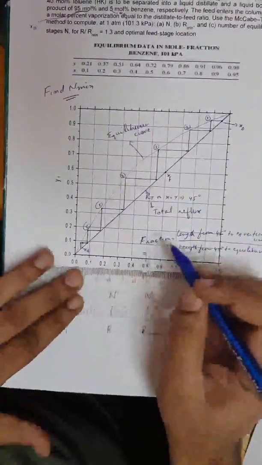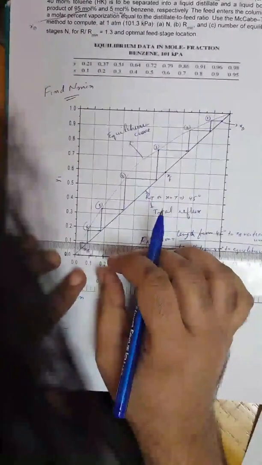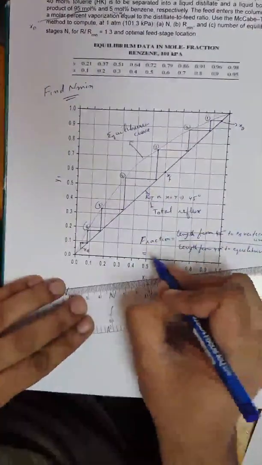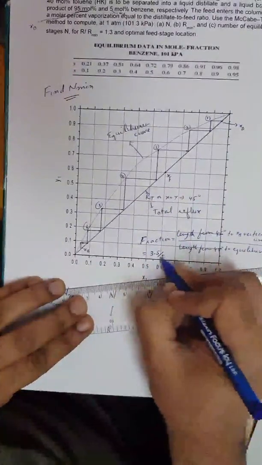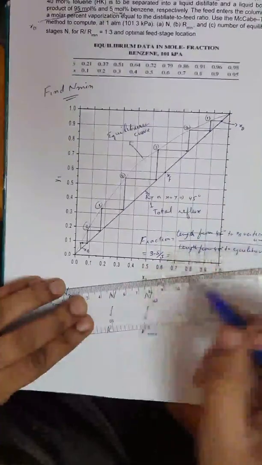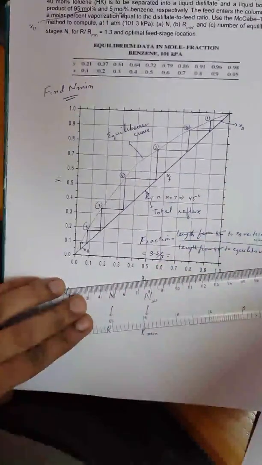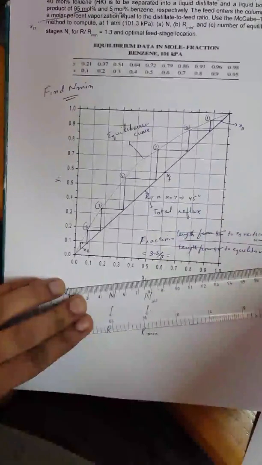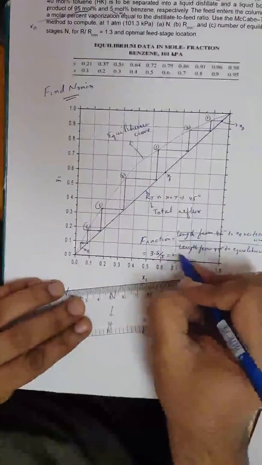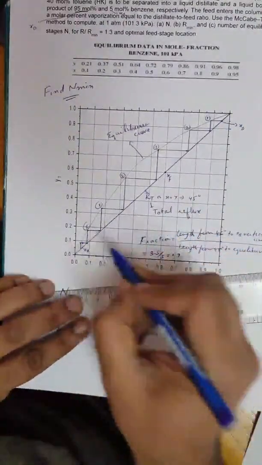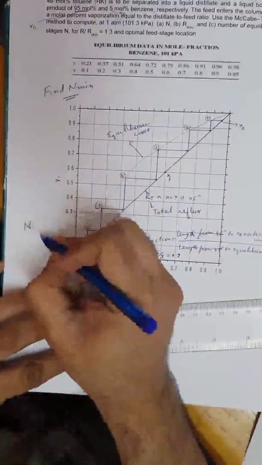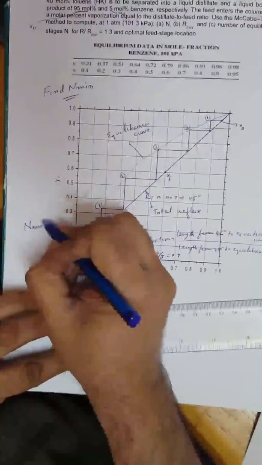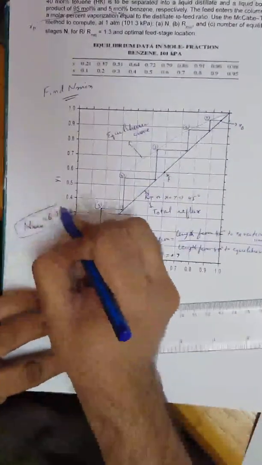So in my case, I got 3.5 divided by 5 centimeters. If you calculate this, it will be 3.5 divided by 5, so around 0.7. So it means we got N minimum 6.7.